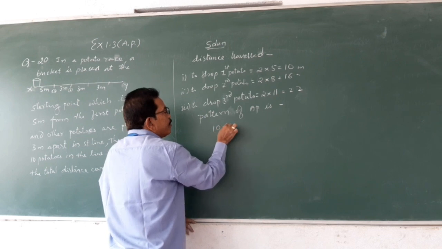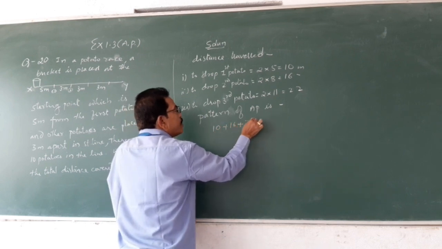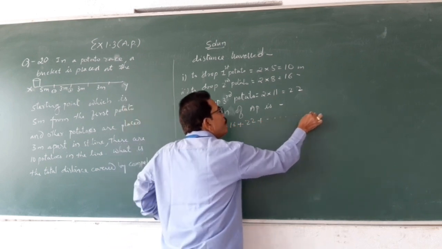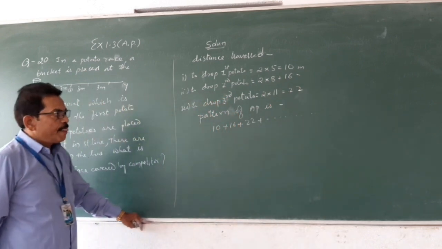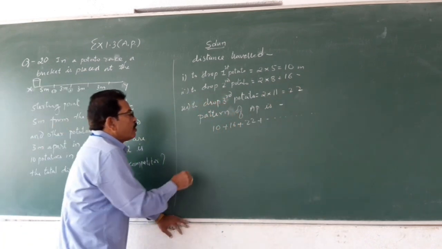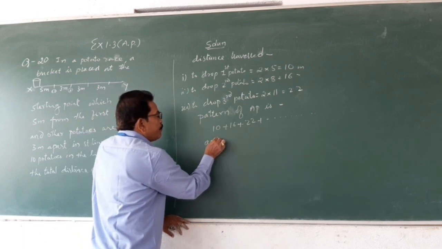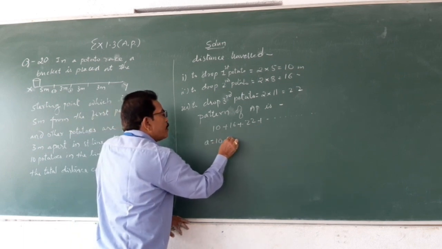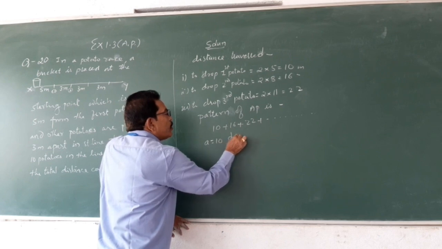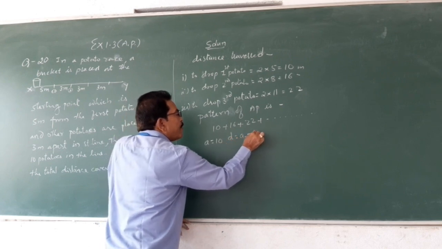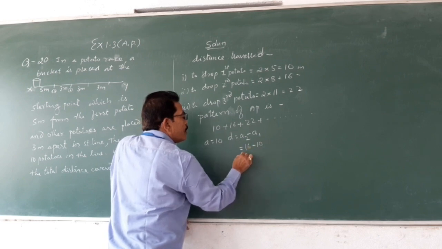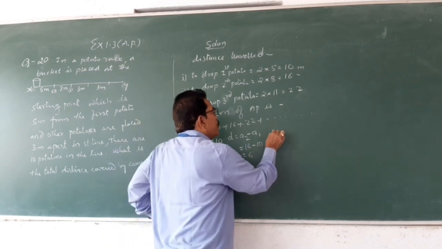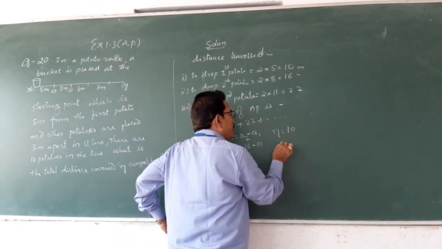10 plus 16 plus 22, like this. So a equals 10, d equals a2 minus a1, which is 6. n equals 10.